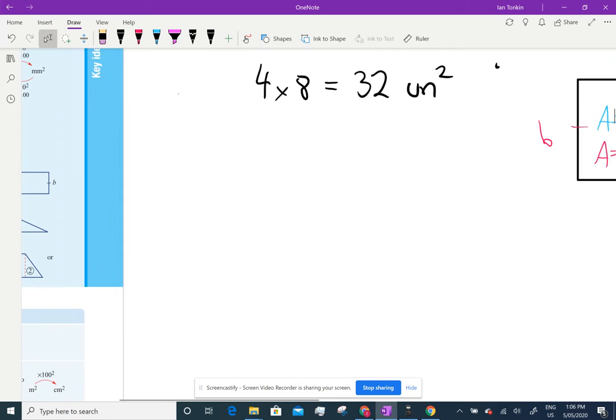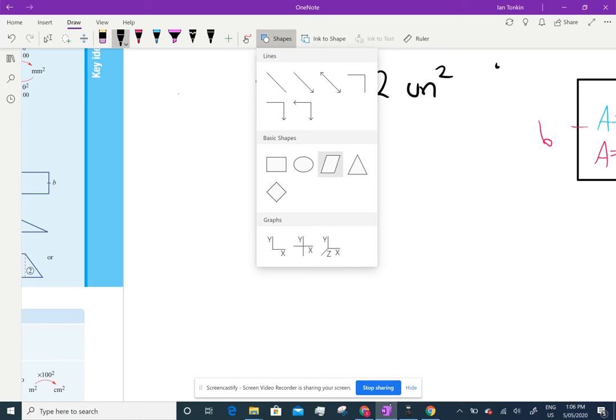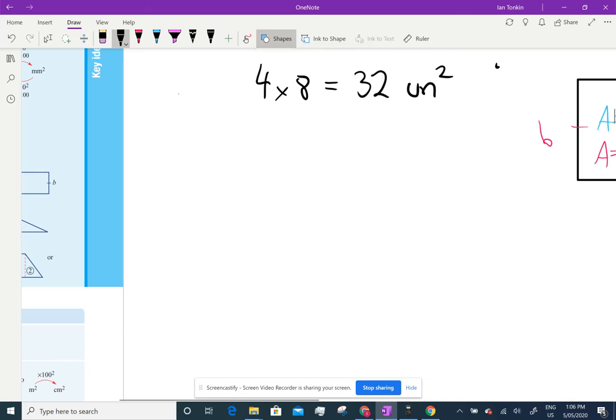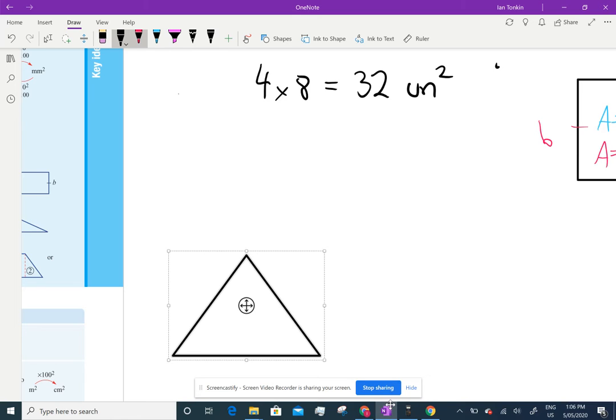The next thing that everybody goes for is a triangle. And I think this is the wrong way to do it. Essentially, they draw a triangle, and then they say, oh, a triangle is half a rectangle.